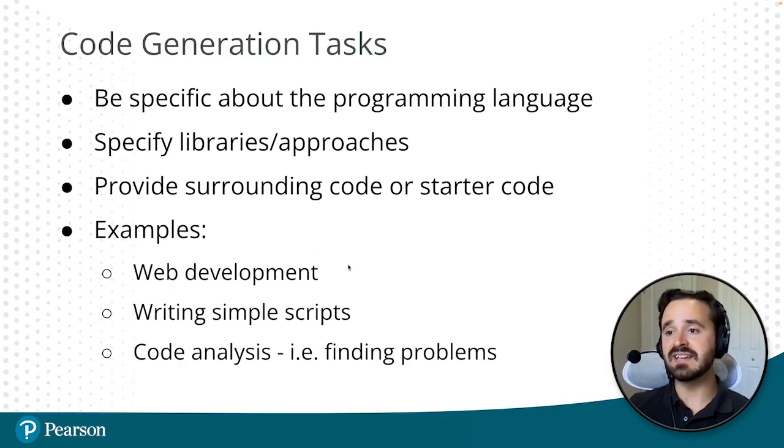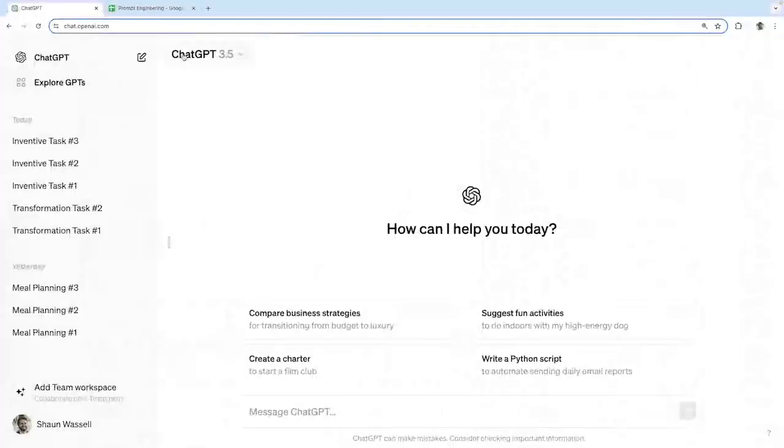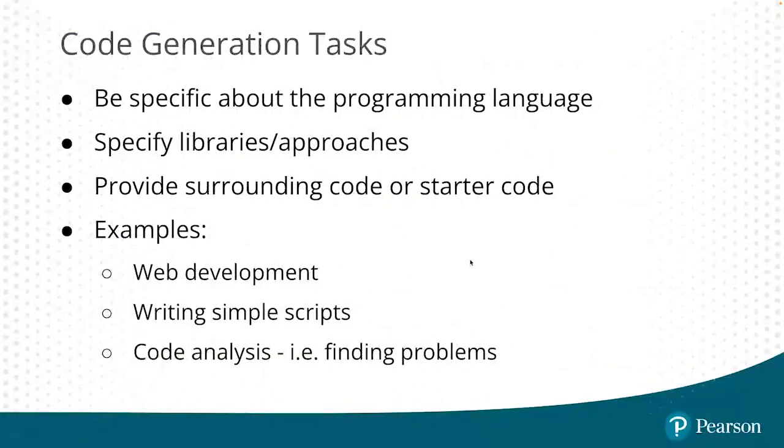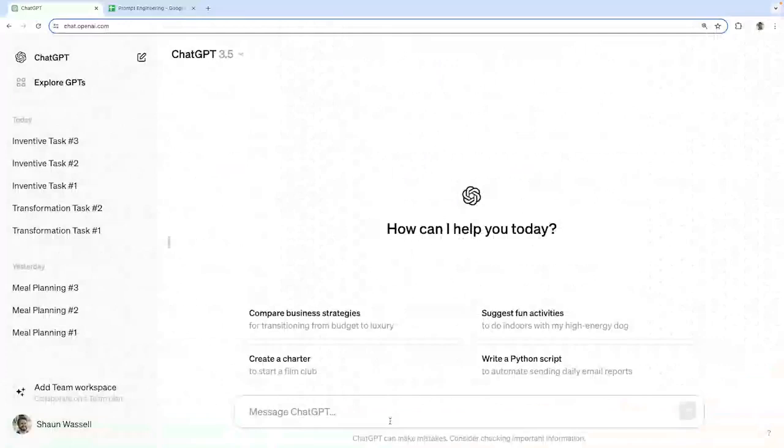All right, so just to give you an idea of how this can work, what I'm actually going to do is just jump right into a ChatGPT conversation, and I'm going to have it generate a simple script, using all of those things that we discussed so far. Maybe it'll write a script that scrapes data from a website, all right?